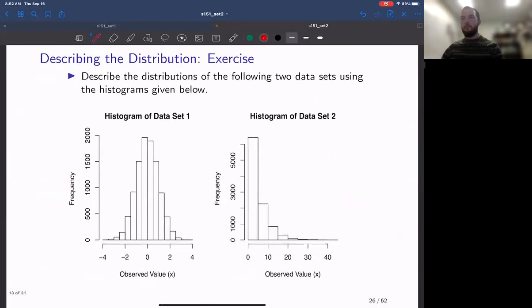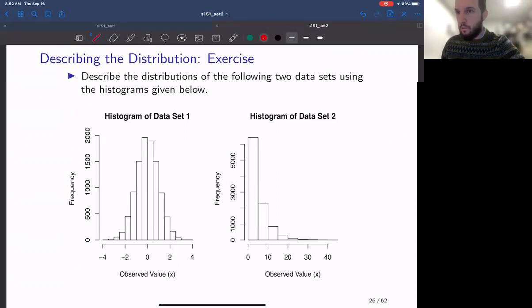Okay, so here are a couple of illustrations where we can take the shapes that we had just talked about and apply them to a histogram for a particular data set. So the idea here is essentially identify what would be considered kind of the midpoint based off of the axis you're working with. You can sketch a curve on top, and then you can use that curve to identify the shape. So for example, in histogram for data set 1, you can see that we range from -4 to +4. So the midpoint here is going to be right at 0. All right.